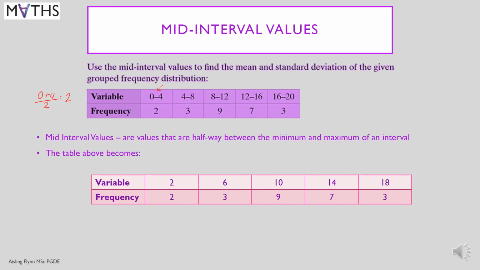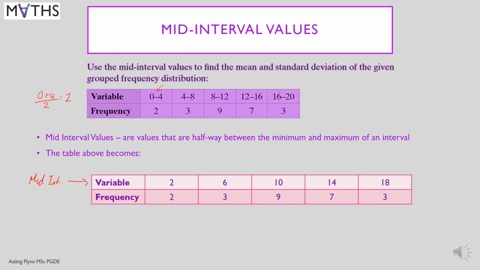So if you use your mid-interval values, the top line, 0 to 4 becomes 2, 4 to 8 becomes 6, 8 to 12 becomes 10, 12 to 16 becomes 14, and 16 to 20 becomes 18.